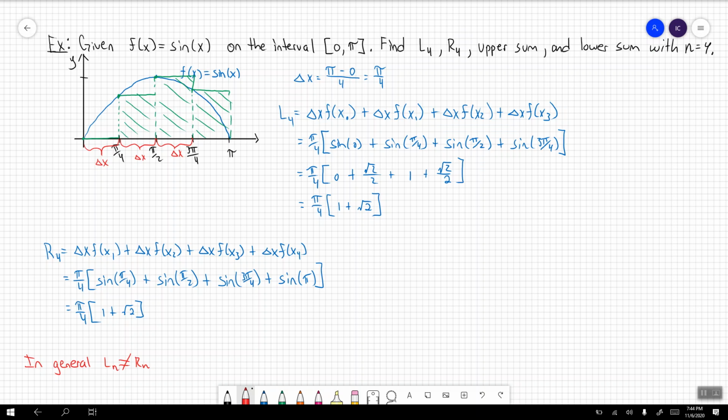Now, let's work on the upper sums. For the upper sums, we don't have a formula for this. However, when we're looking at the upper sum, we want to make sure that on each interval, we go to the highest value on that interval, and that's going to create the height of my rectangle. So in the first rectangle, for this interval from 0 to pi fourths, the highest value for f of x occurs at the right endpoint, which is at pi fourths.